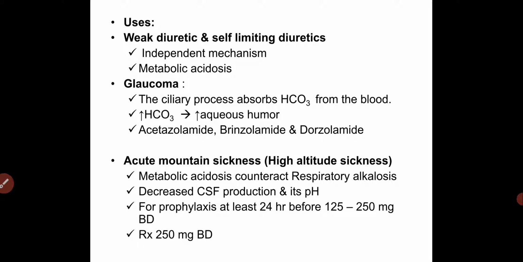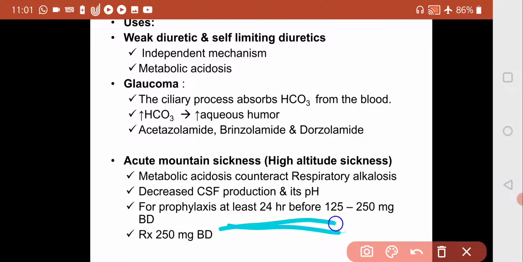It is useful because this metabolic acidosis, which occurs with the carbonic anhydrase inhibitor, counteracts the respiratory alkalosis. It also decreases CSF production and its pH, so there is symptomatic relief in the headache also. If we give it for acute mountain sickness, and we want to prevent it, then it is given at least 24 hours before, 250 milligram BD.